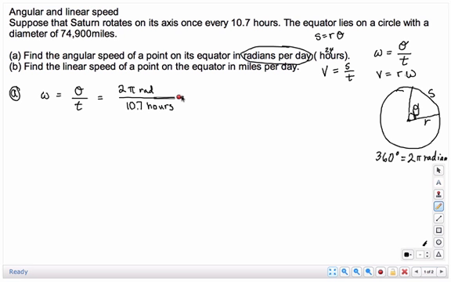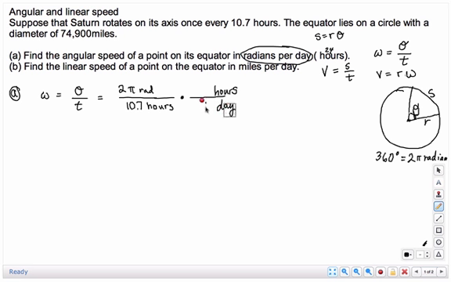I remember doing this a lot in chemistry, and you'll do it in physics and all sorts of other things. You want to convert your hours to days. If my hours are in the denominator, I want the hours in the numerator of my conversion fraction so that I can cancel them out. That means day goes down here in the denominator.